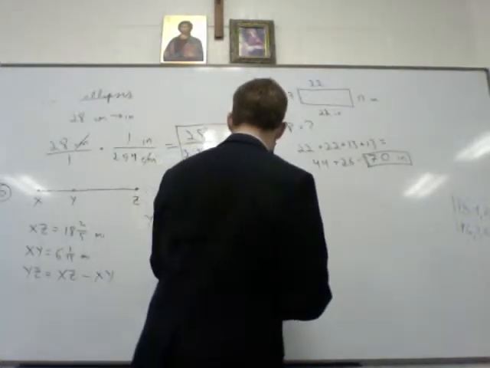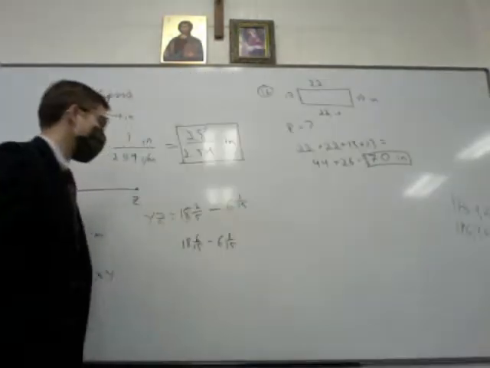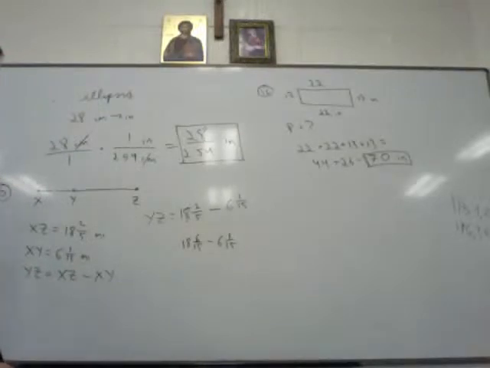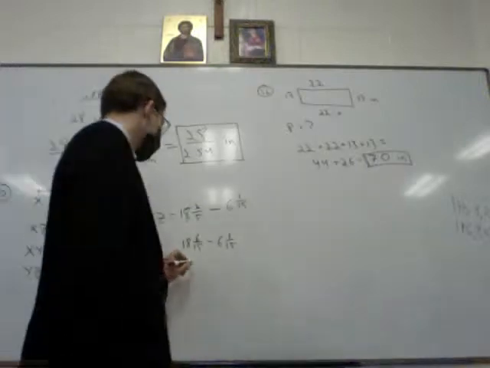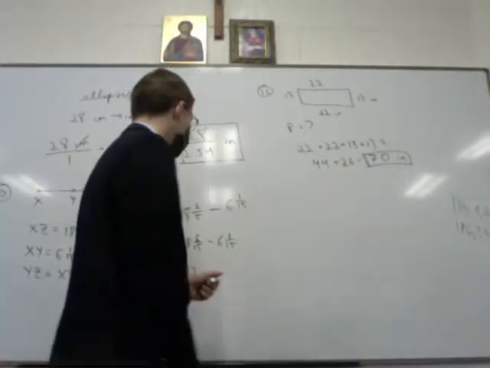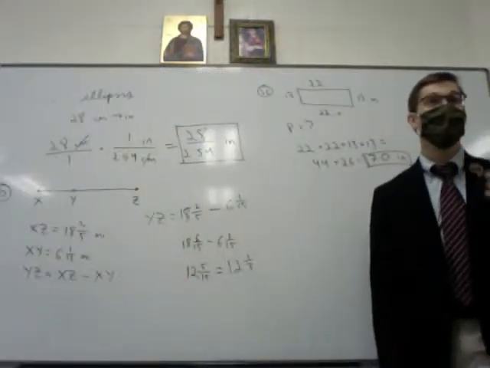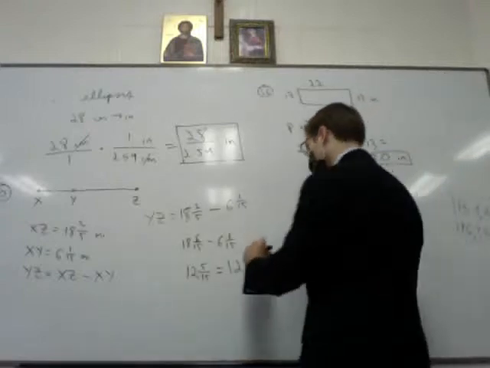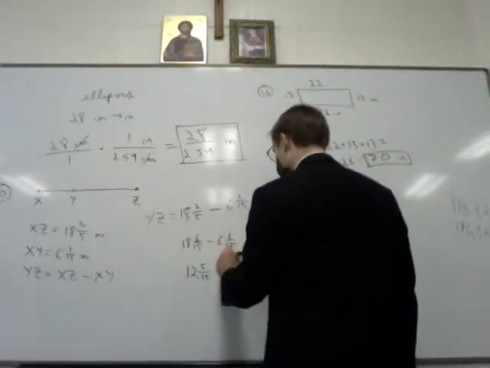Then when we subtract, what are we going to get? 18 minus 6 is 12. 12 and 1/3 miles.